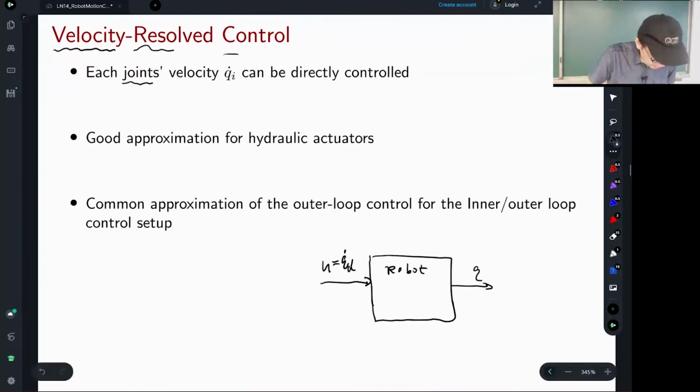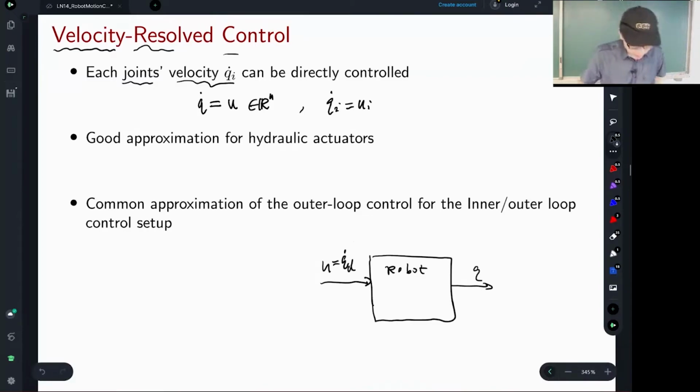In this case, each joint, qi, can be directly controlled in the sense that the velocity can be directly controlled. If we want to write down the dynamics of this system, the dynamics is q dot equal to u, which is in R^n. In other words, qi dot equal to ui.